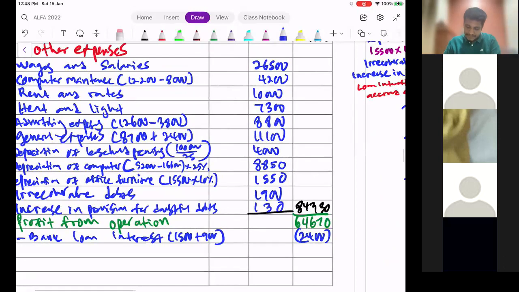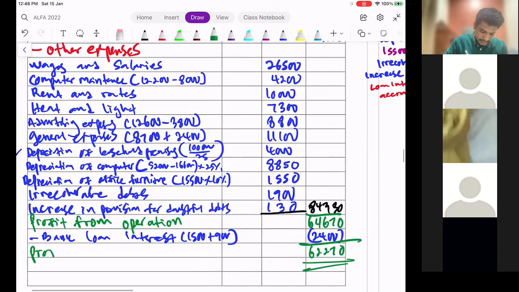Luckily, I realized now. 64,670 minus 2,400, you will get 62,270. 62,270 is my profit for the year. Can or cannot?